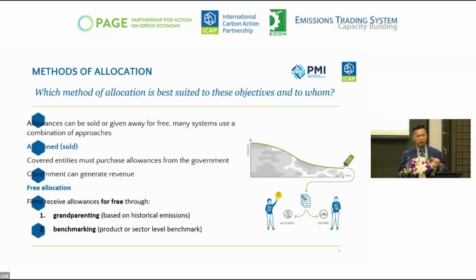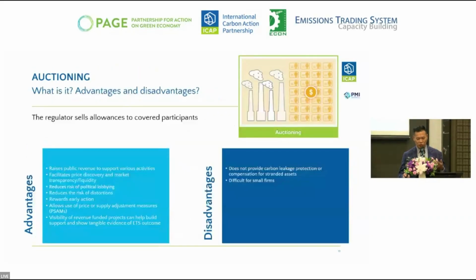One is that the government gives them for free, and the other is that the government sells them to the companies. The sale could be through auctioning or at a fixed price. And free allocation could be based on their historical emissions, or on a benchmark, like a product level benchmark.